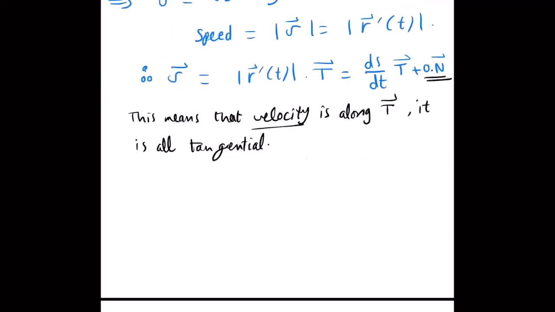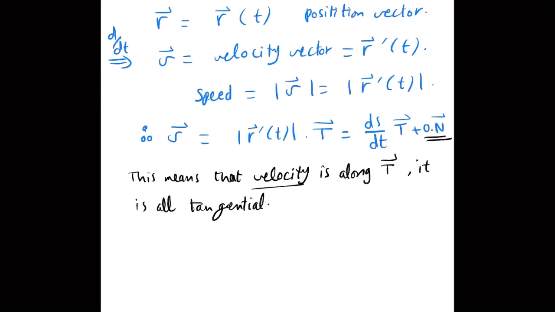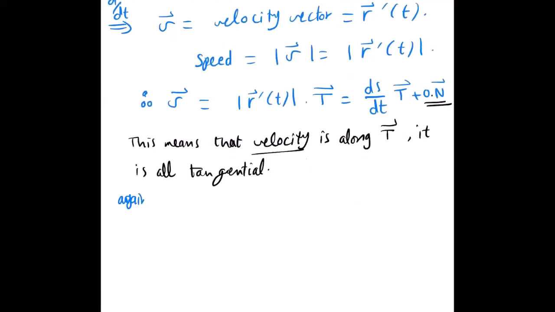Second, let's differentiate again. When we differentiate the velocity, we get the acceleration. A is dV by dt.